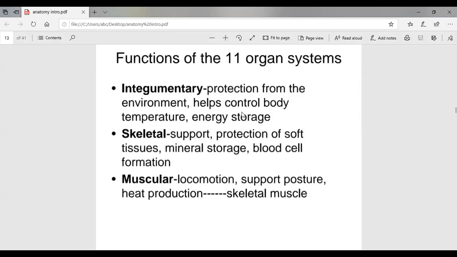You will be surprised to know, but you might have known it today, that subcutaneous tissue, also known as fat, is a type of energy storage. So, skin is part of the integumentary system. The integumentary system also includes nails, hair, and various other structures, sweat glands. But basically, you can remember the integumentary system has skin and it provides us protection from the environment.